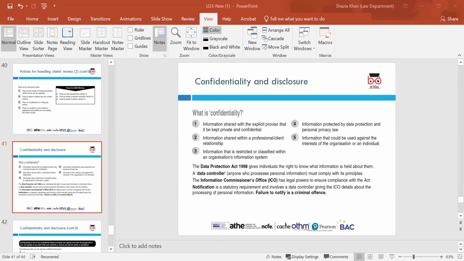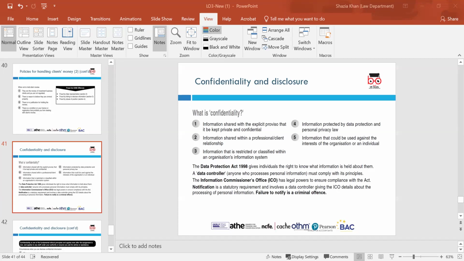Again, looking at confidentiality: what is confidentiality? Why is it so important? And disclosure. A duty of confidence arises when one person discloses information to another in circumstances where it's reasonable to expect the information will be held in confidence. Confidential information is defined as any data or know-how a disclosing party offers a receiving party orally, in writing, or in private.